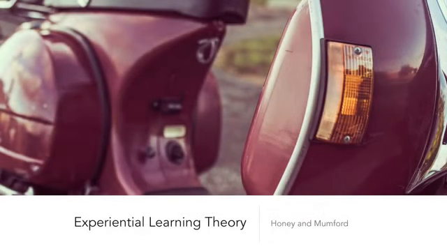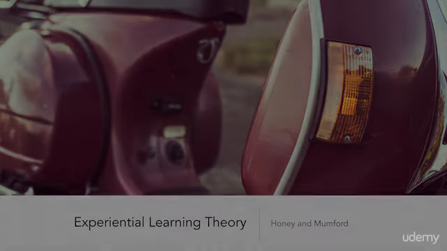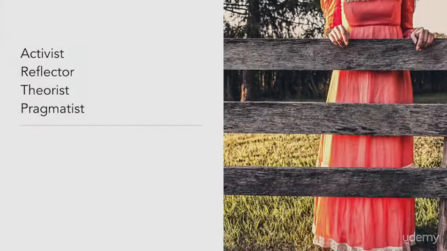Let's take a look now at Honey and Mumford and their experiential learning theory. This is a learning style indicator, and it builds on our experiential learning theory from David Kolb. Now let's take a look at the four particular learning patterns that Honey and Mumford talk about: activist, reflector, theorist, and pragmatist.